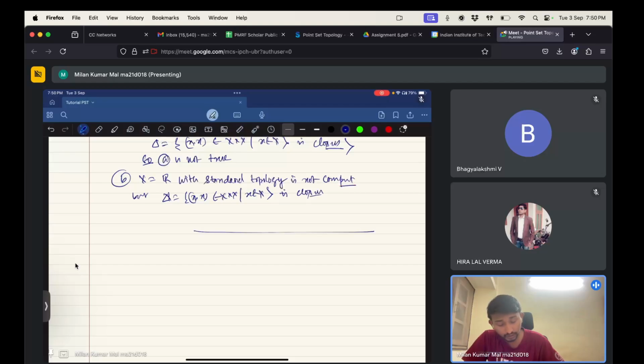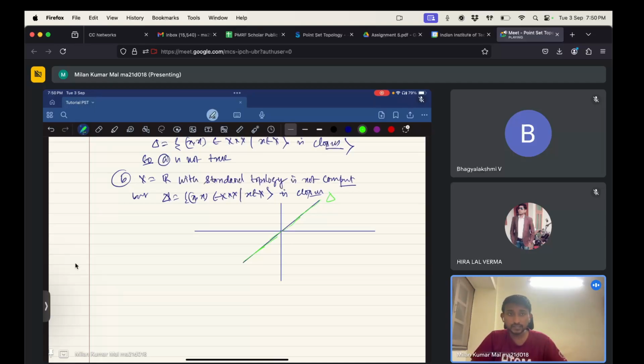Here, if you look at the graph of this R square, here X cross X is R square. Okay, so this is the line which represents delta, and this line is closed.